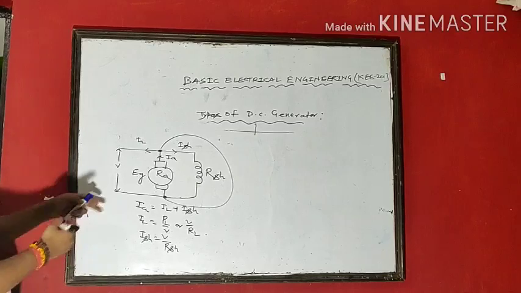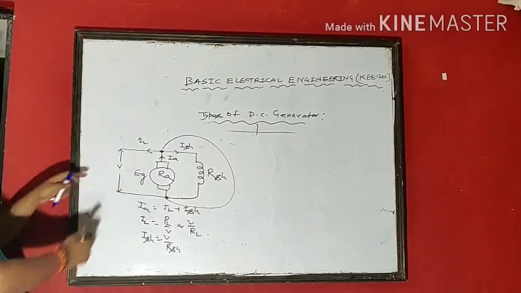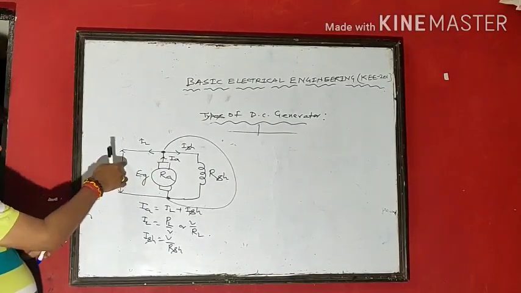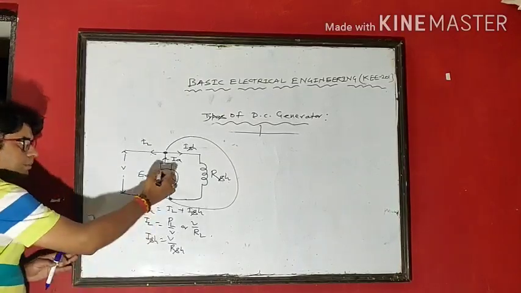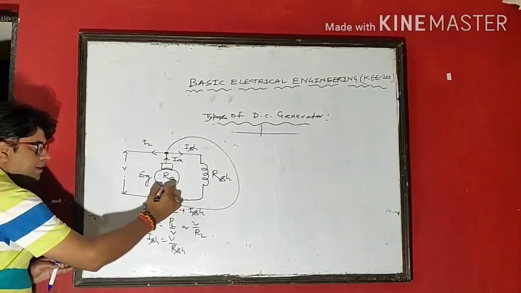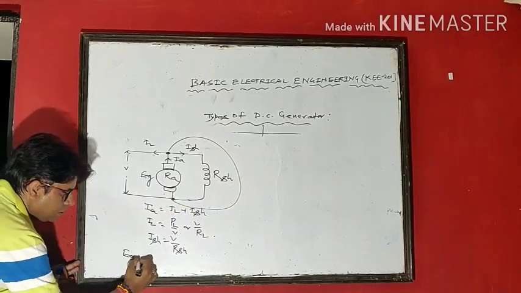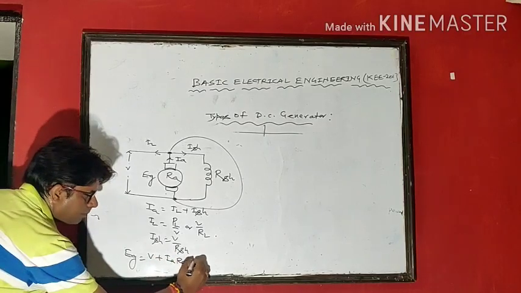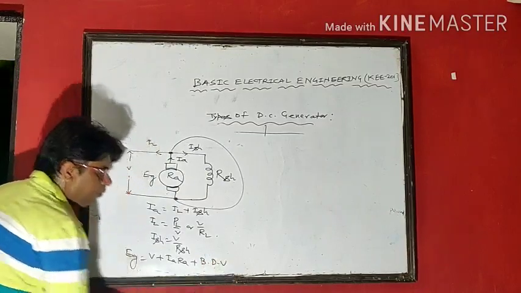Okay, now what is the EMF generated equation? Similarly apply KVL here, in clockwise direction, EG equal to the voltage V plus this drop and plus brush drop voltage. Here there are two brushes, so EG equal to V plus IARA plus BDV, that is brush drop voltage.